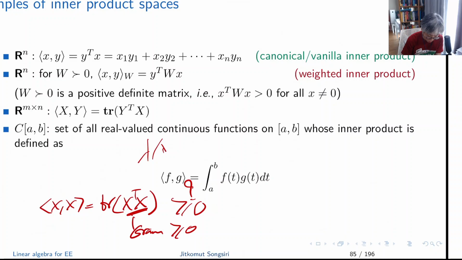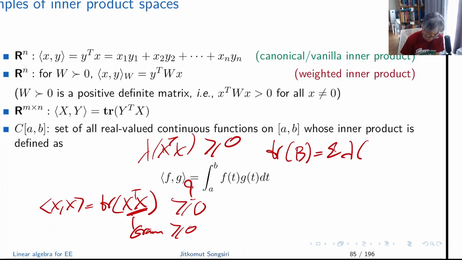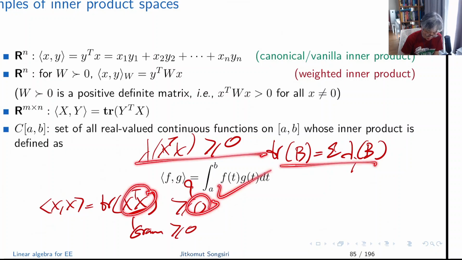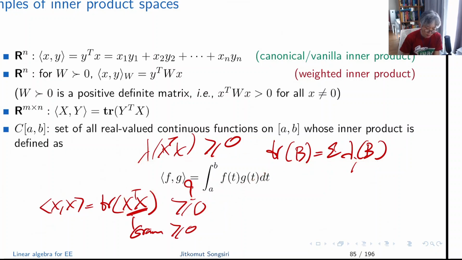So the eigenvalues of x transpose x are always non-negative. The trace of a matrix B is the sum of all eigenvalues of B. So the trace of x transpose x is obviously non-negative because all the eigenvalues of x transpose x are non-negative.